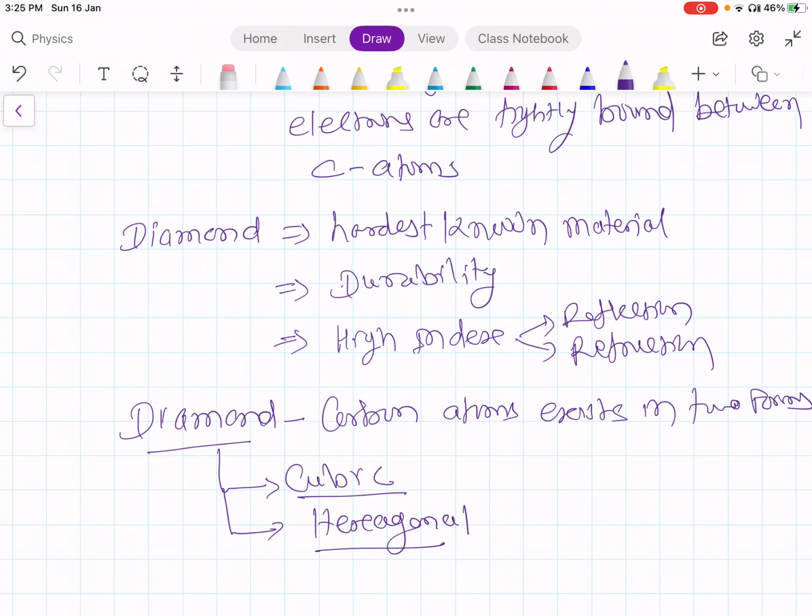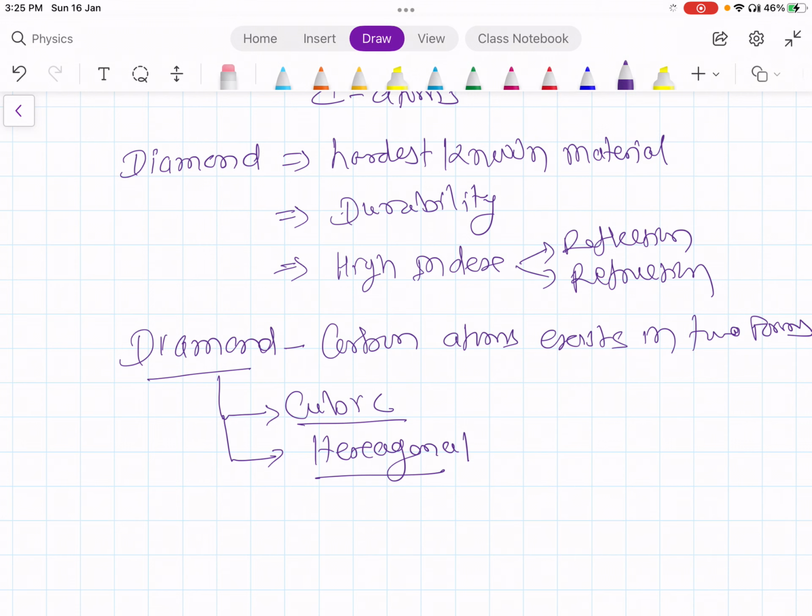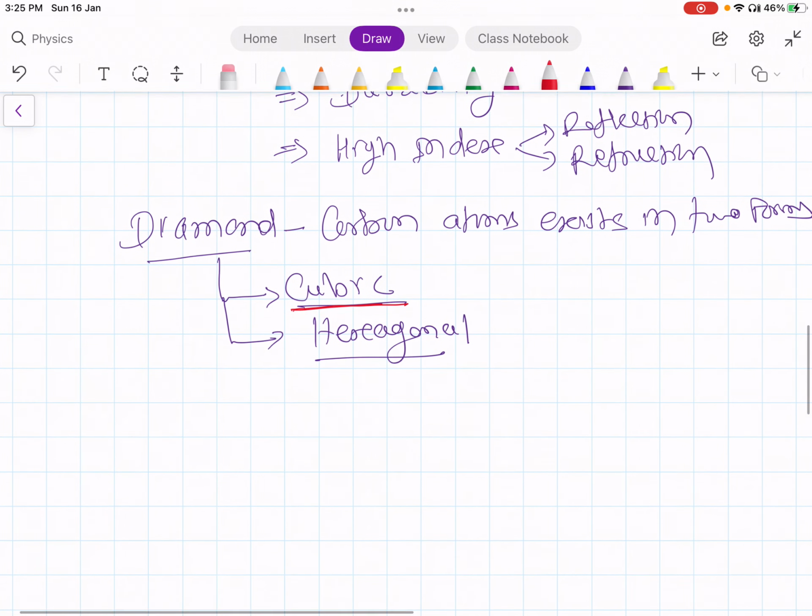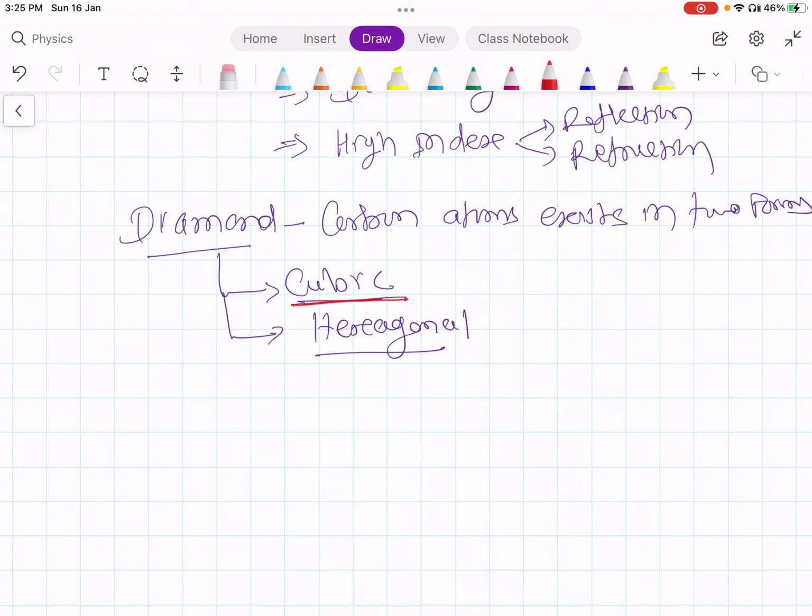So diamond exists in cubic form as well as in hexagonal form. Out of these two crystal systems, cubic is very common, commonly observed, and hence we are going to study only the cubic crystal system.